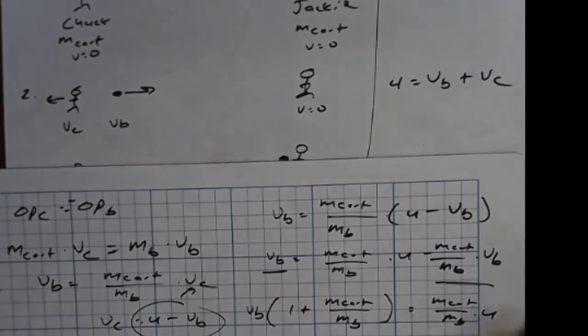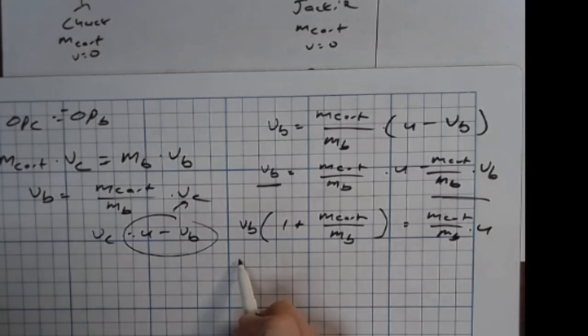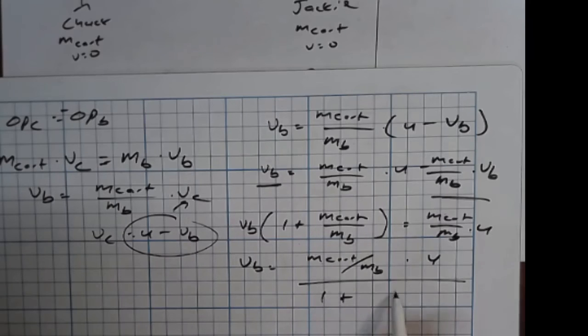I'm going to say v sub b times 1 plus m cart over mass of ball equals mass of cart over mass of ball times u. This is getting complicated. Then I'm going to rearrange to solve for the velocity of the ball. So the velocity of the ball is m cart over m ball times u over 1 plus m cart over m ball.